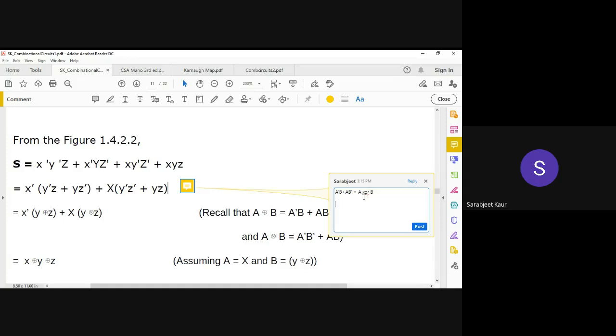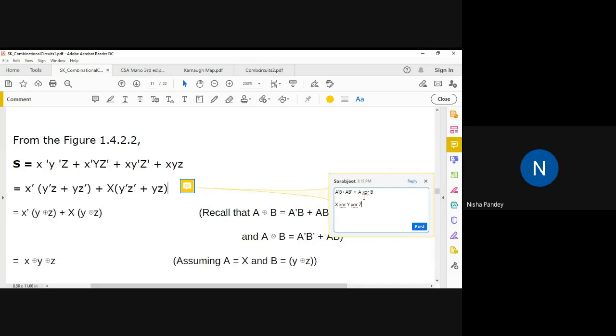What is the value of X? What is the value of A? It is A, right? XORed with B. And what is the value of B? Y XOR Z. Yes or no?